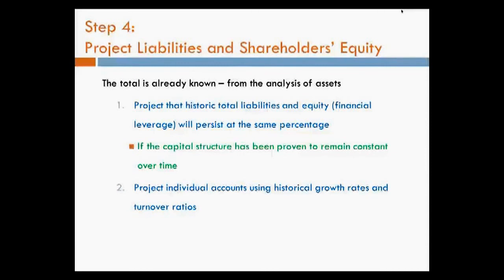You can look at historical values to determine whether it's been fairly constant over time and therefore it should stay constant going forward, or have you seen it moving up or moving down. So you can look at your various ratios that you know about to determine whether to keep financial leverage the way it's been.